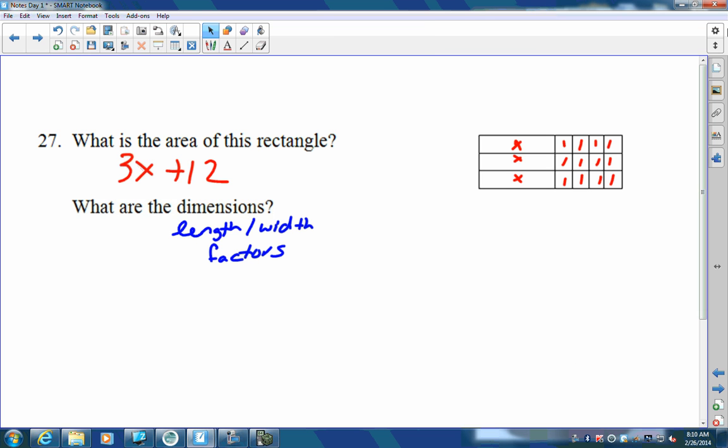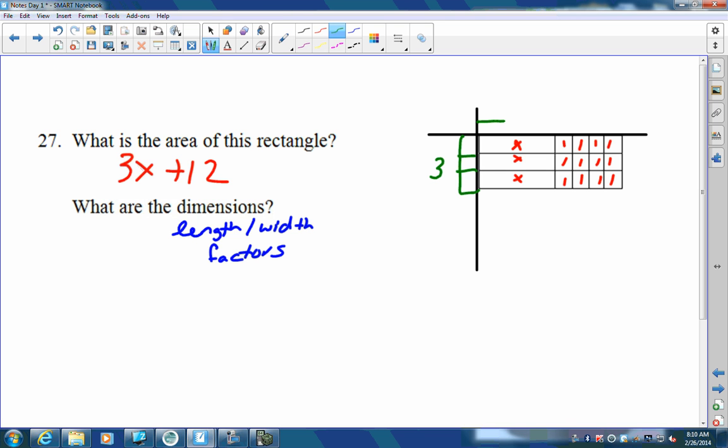So with that, if I drew my little factor frame, there's a couple ways you can do it. If I went and filled in my tiles, this is 1, 2, 3, and then I have an x, 1, 2, 3, 4. X plus 4.